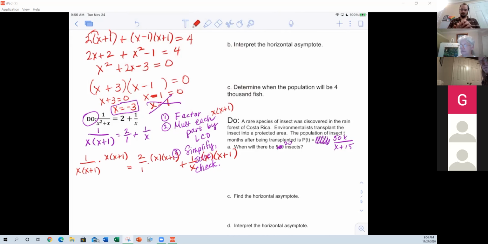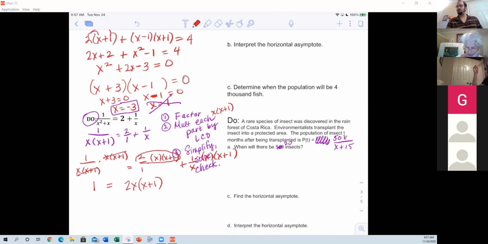Now we have just the x and x plus 1 canceling out, and 2x. Another 2x. We're going to take that 2x times x plus 1, right? We're just multiplying this straight across.